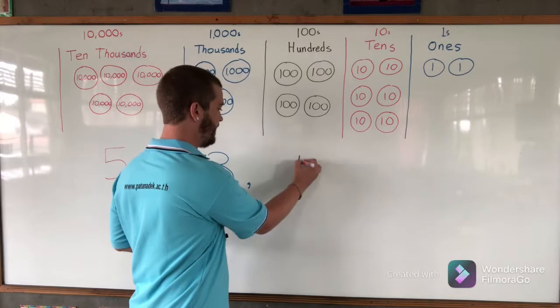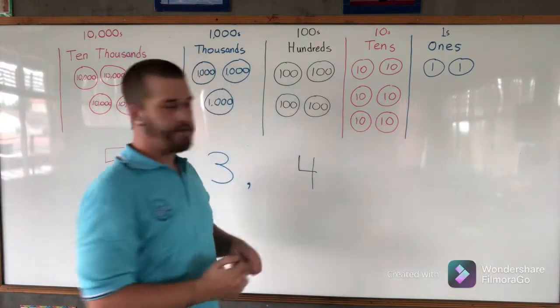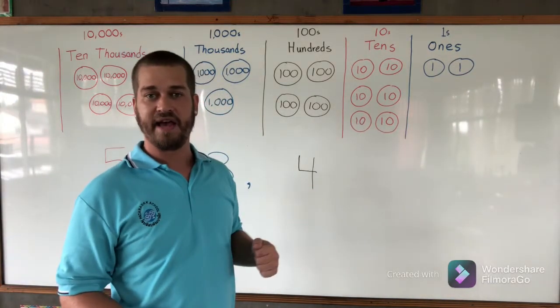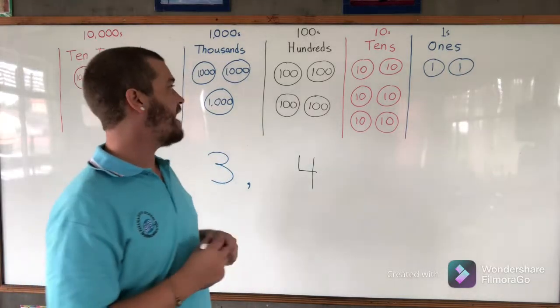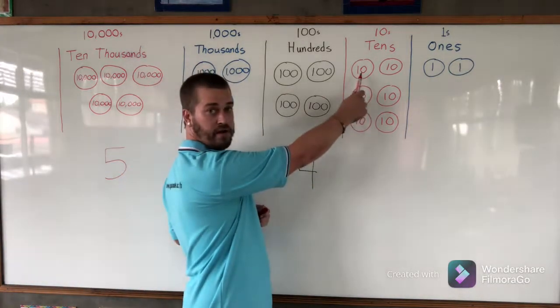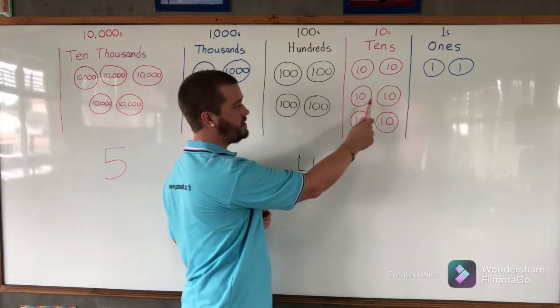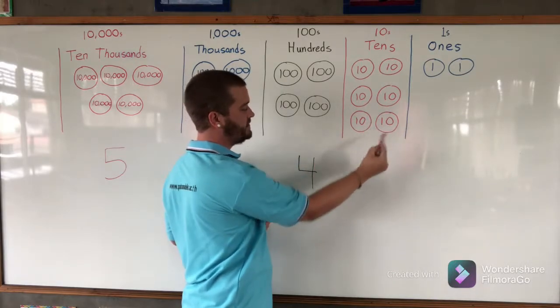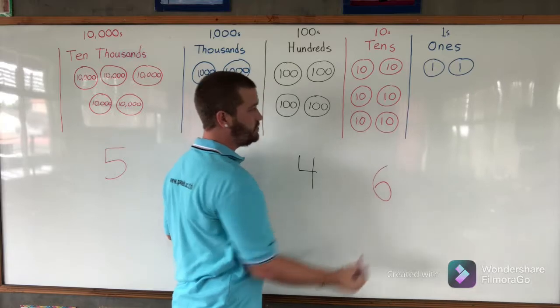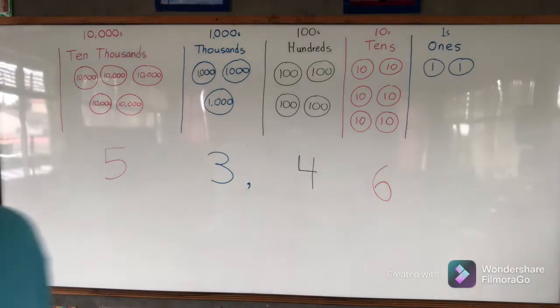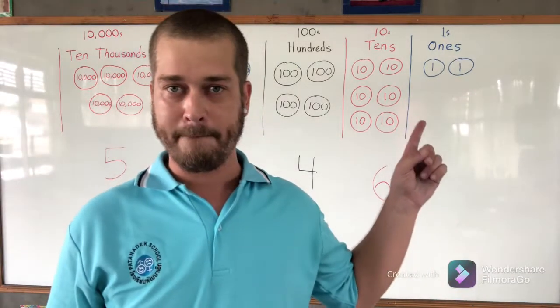Let's put a giant 4 there. How many tens do we have? Well, it looks like 1, 2, 3, 4, 5, 6. Boom, giant 6. Lastly, our little guys, how many ones do we have?